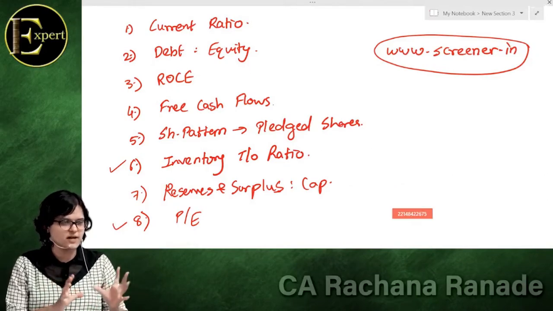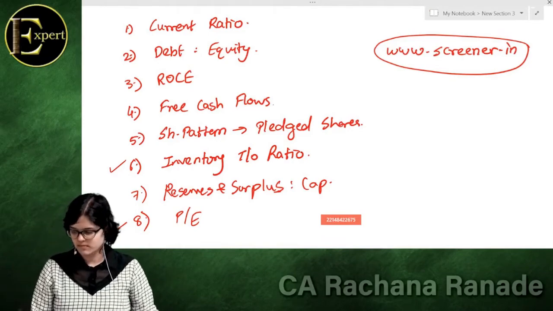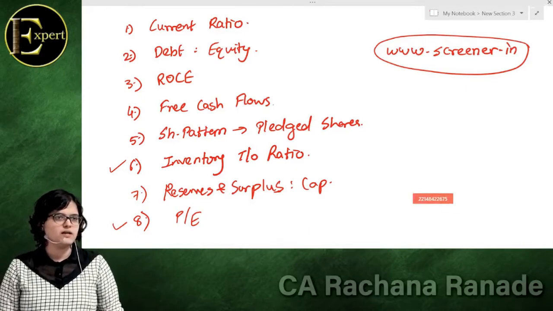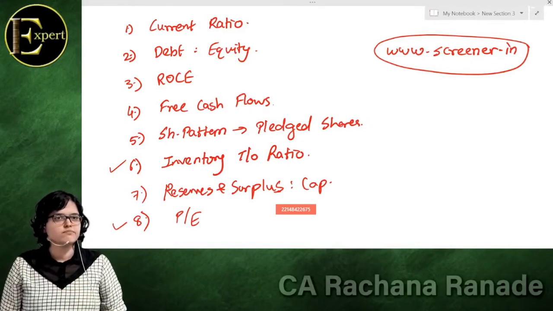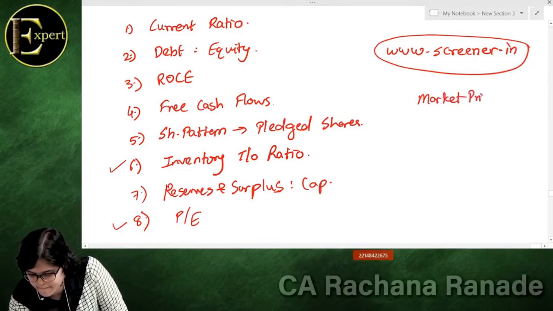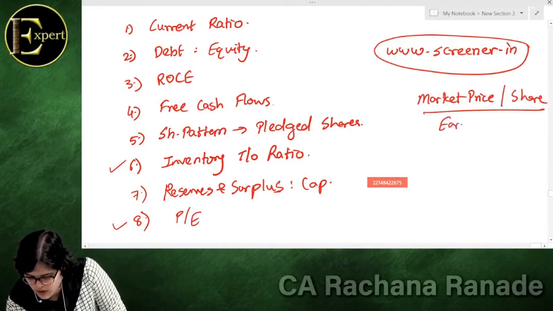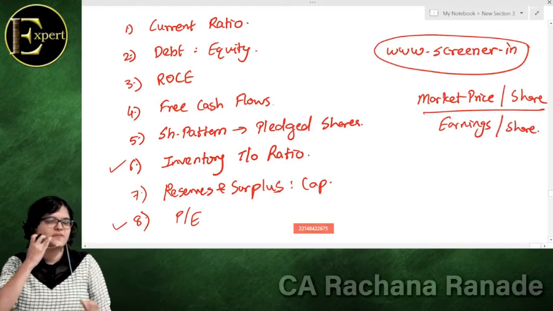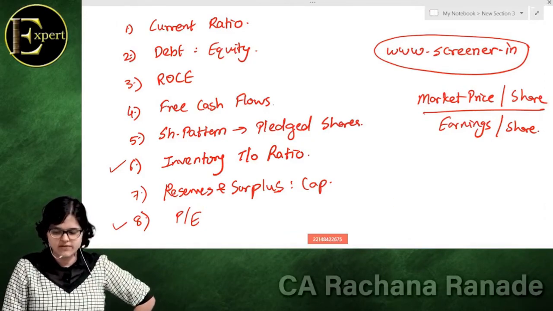Okay, so first let us write down what is PE. PE ratio, write down. It is calculated as market price per share divided by earnings per share.